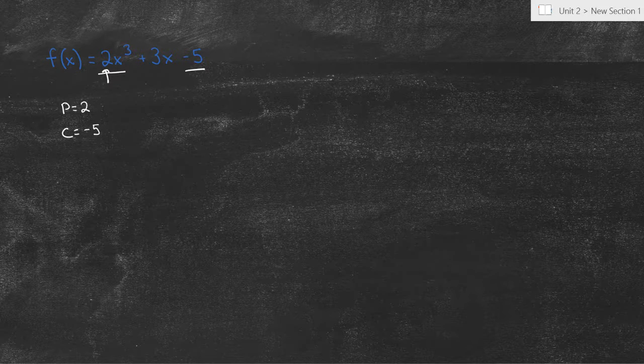Then back at the formula, it's going to be plus and minus all my factors of c, which is factors of negative 5, divided by all my factors of p, which is factors of 2.